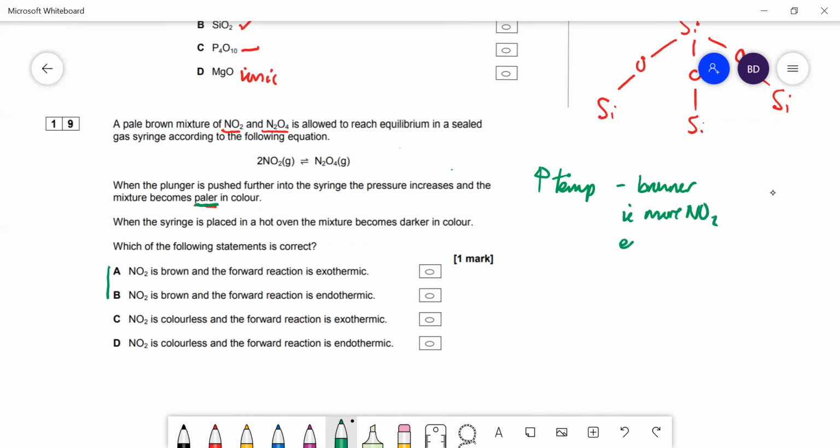So the equilibrium has moved backwards. If you increase the temperature, the equilibrium will always go in the endothermic direction. So backwards is endo, which means the forward is exo. So our correct answer is A.